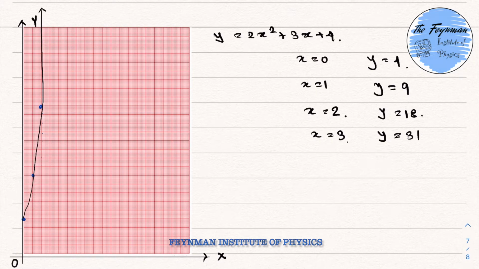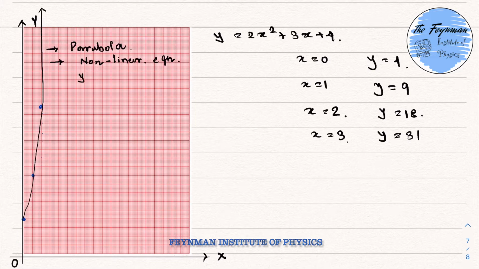So this is not a straight line, instead it takes the shape of a parabola. That is why we call it a non-linear equation.